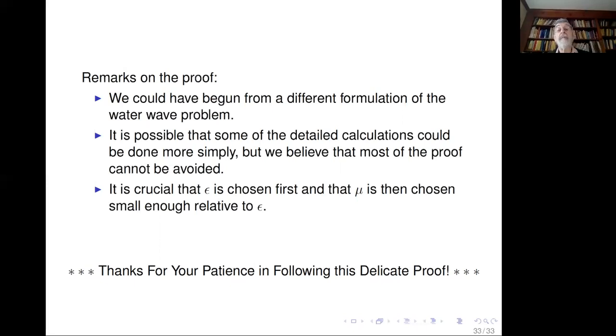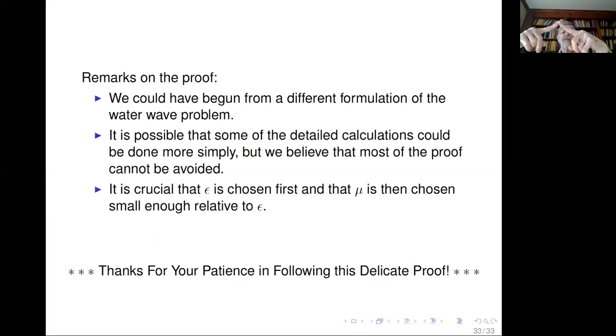The maximum one is the so-called wave of greatest height. Stokes knew about the wave of greatest height, and it looks like this, with an angle. The angle between my two fingers here is 120 degrees. Stokes showed that.